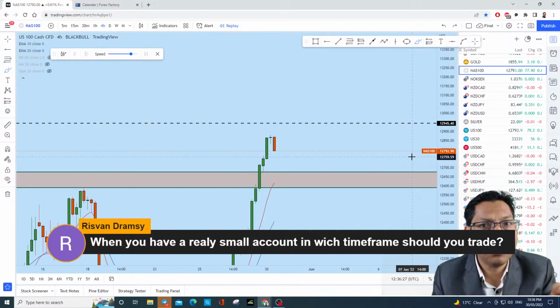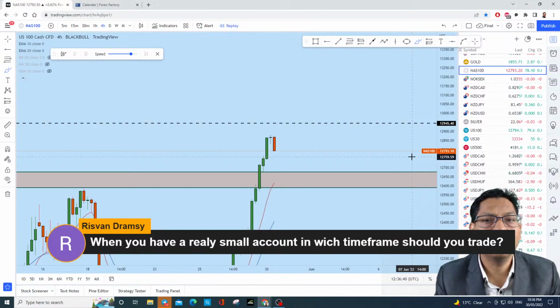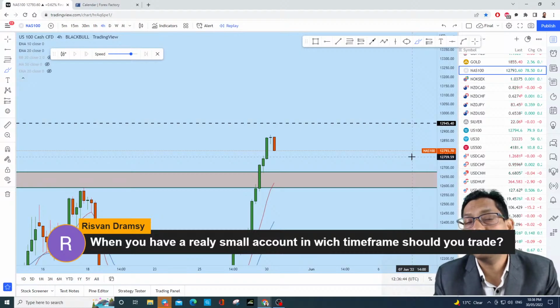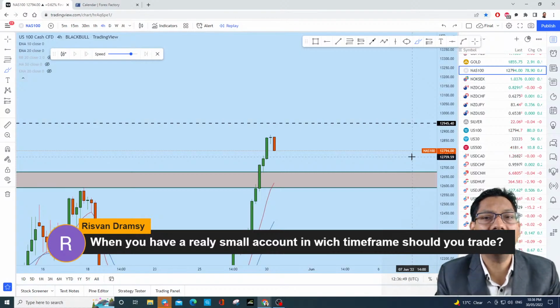A $1 million trading account and a $100 trading account, you will trade the same way, right? So if you have a smaller account, forget about earning money. Focus on learning, on becoming a trader using that $100. There will be a lot of ways that open when you develop the skill set.